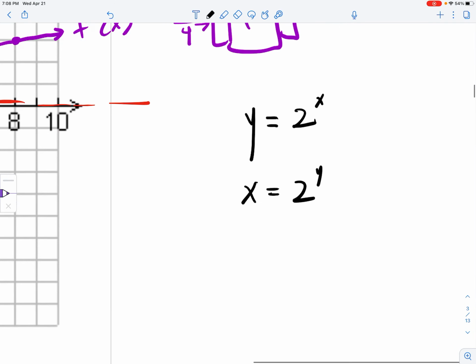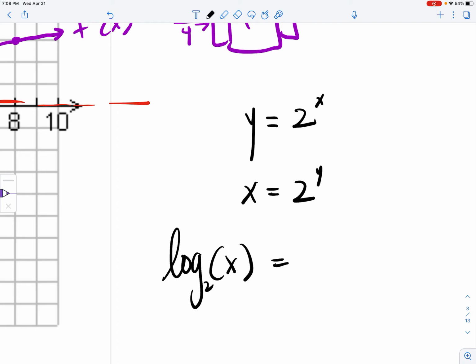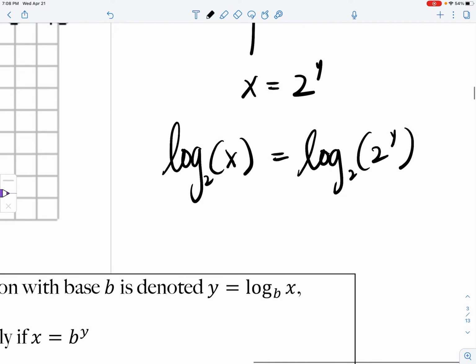Well, in order to solve for y, because y is in the exponent position, we can think about taking the log base 2 of each side of the equation in order to get the y out of the exponent position. So the right-hand side would just end up simplifying to be y.